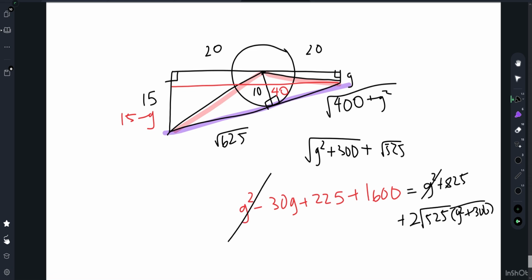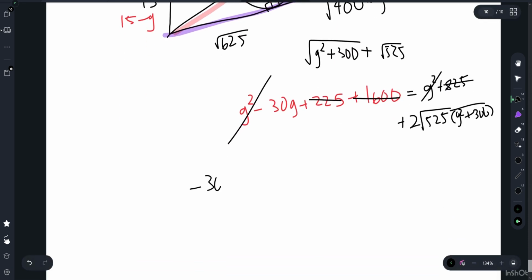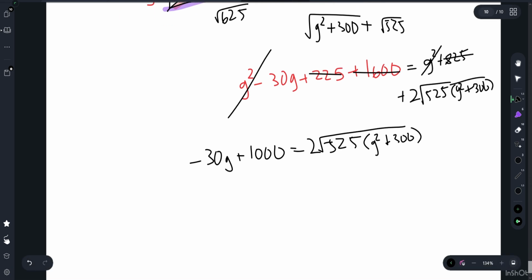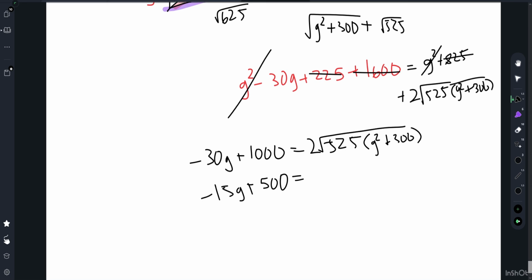We can cross out the common terms. This leads us to negative 30g plus 1000 is equal to 2 root 525 times the square root of g squared plus 300. So let's divide by 2 on both sides. Negative 15g plus 500 is equal to root 525 times the square root of g squared plus 300.